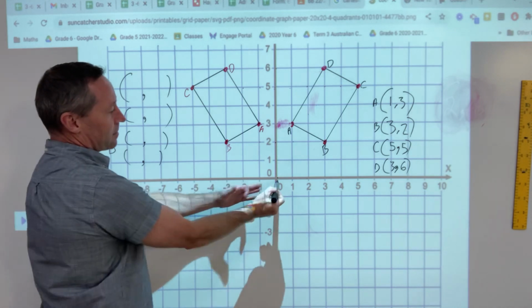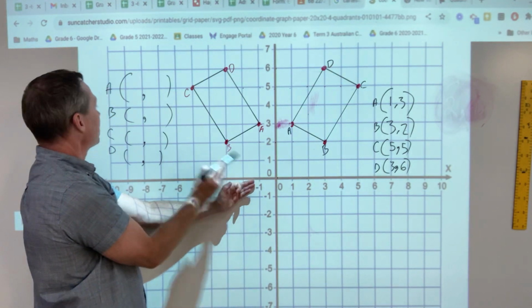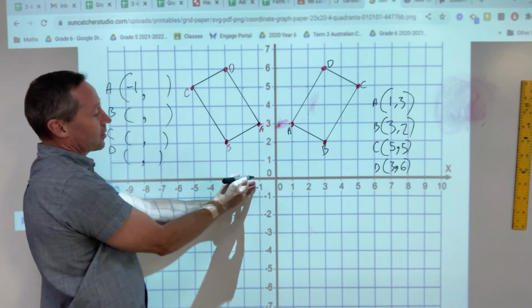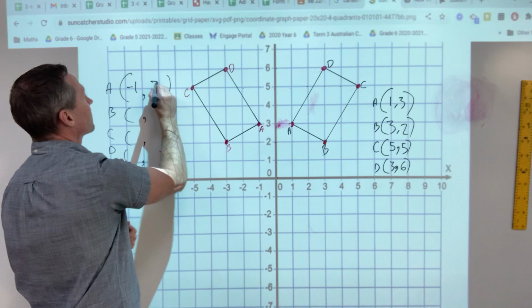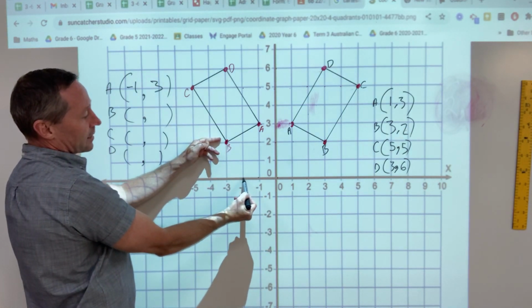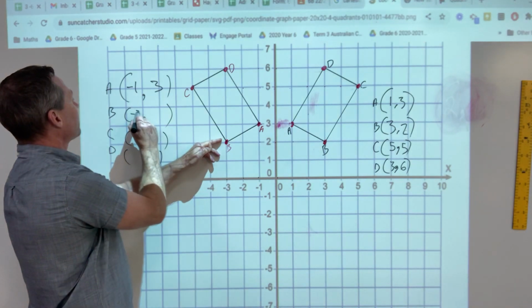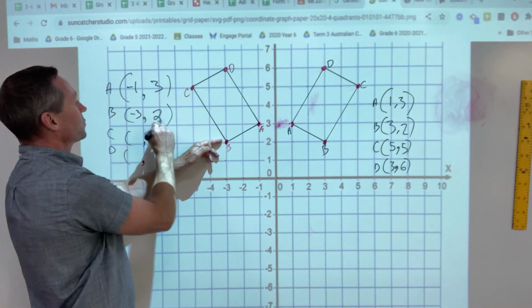You can see A, I start at the origin, I come across -1. -1 would be my first one. -1, and I go up 1, 2, 3. So I'm at positive 3. B is here. -1, -2, -3. And I go up 1, 2, positive 2.